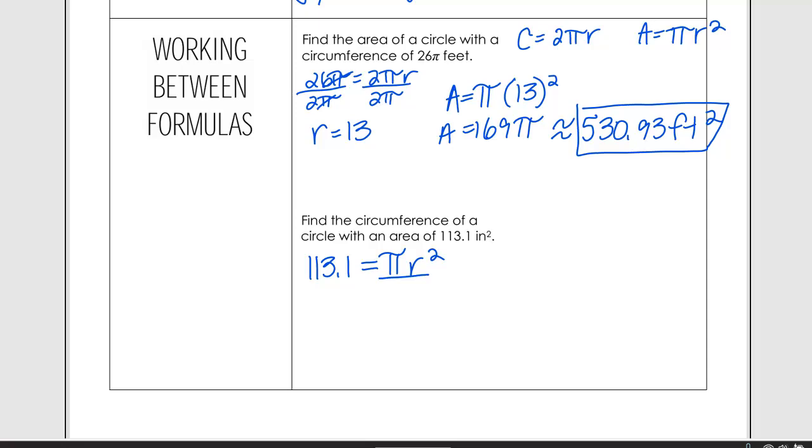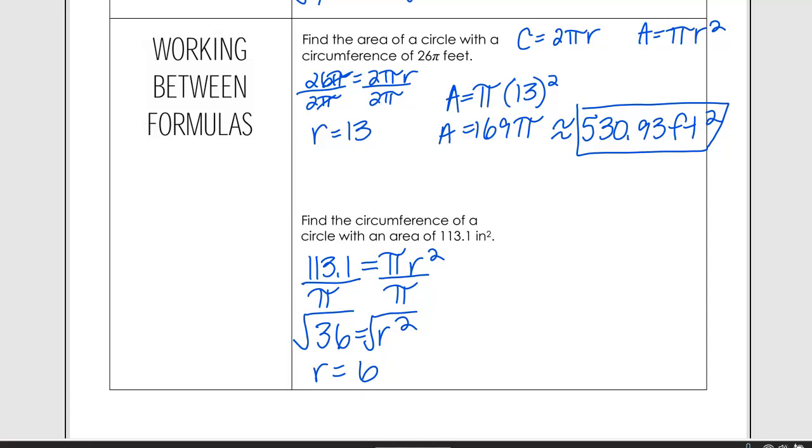We're going to divide both sides by pi. So in our calculator, we do 113.1 divided by pi, and that gives us 36. That equals r squared. To just get r, we take the square root of both sides, and we get r equals 6. Normally, I would say plus or minus when you take the square root of both sides, but since we're talking about an actual distance, it has to be positive.